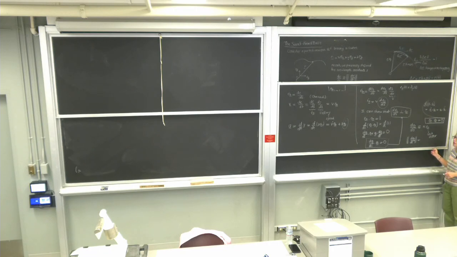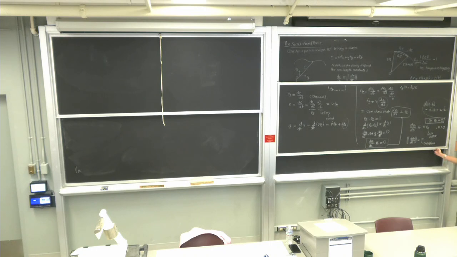Kappa, the absolute value of kappa. Well, technically, I'm going to take kappa to always be positive, and I'm going to say that the magnitude of de_t by ds is equal to kappa. Kappa, we call that the curvature. The curvature of the curve.